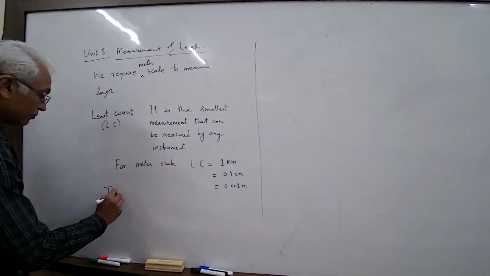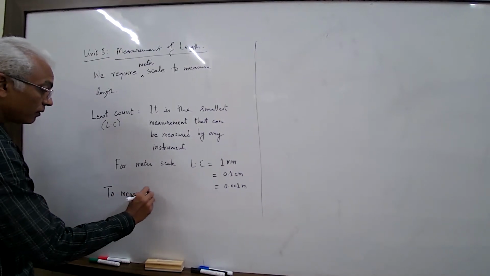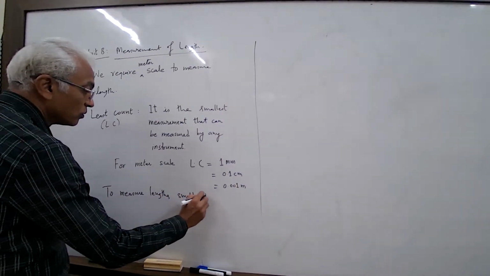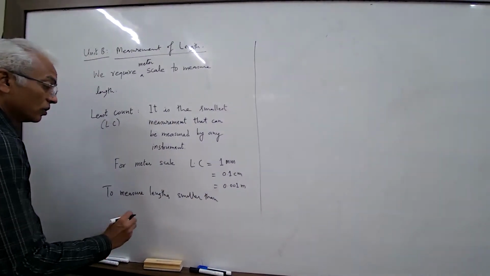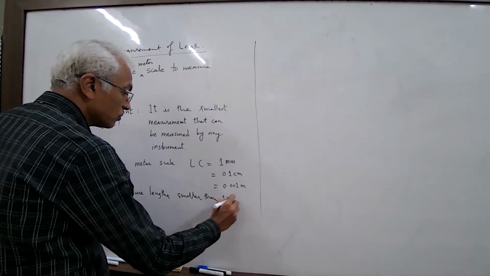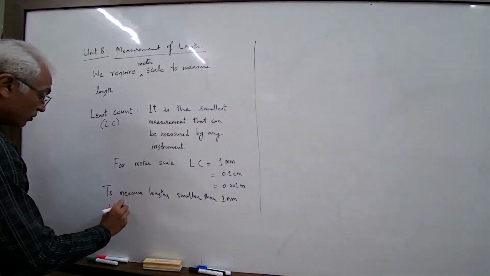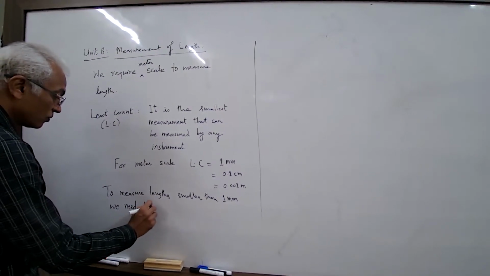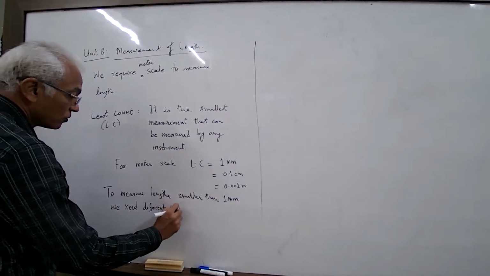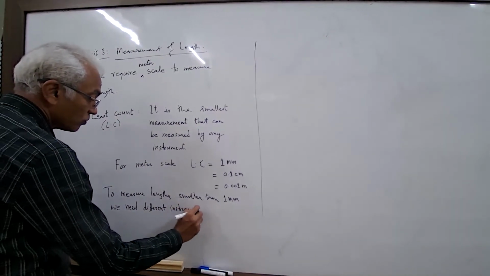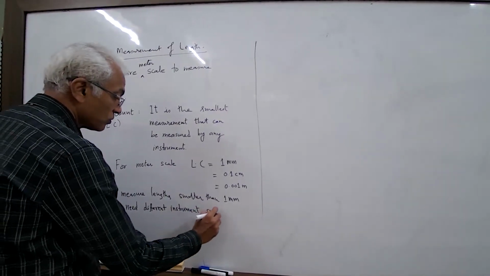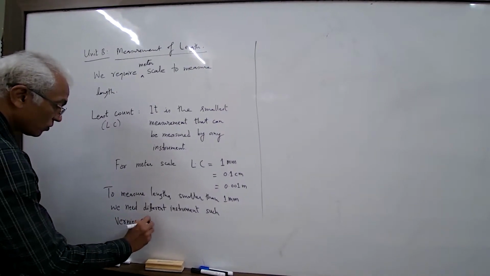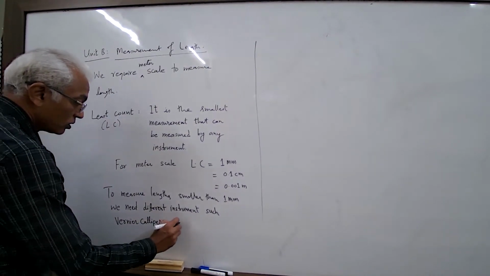To measure lengths smaller than 1 millimeter, we need a different instrument, such as vernier calipers or screw gauge.